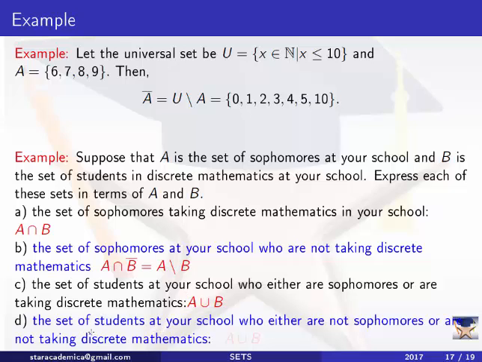And the last example is the set of the students at your school who either are not sophomores, so this is A complement, or not taking discrete mathematics, B complement. When you say or, it's union. So as we see, we have built notation that lets us express many words, many sentences in a simple mathematical symbolic way.